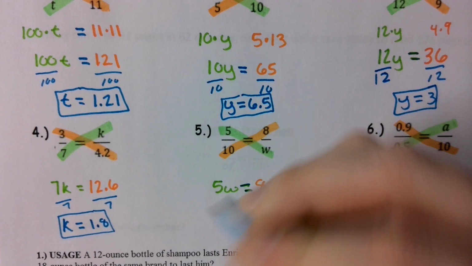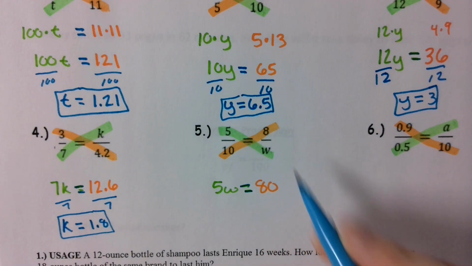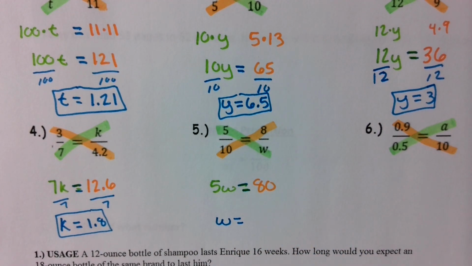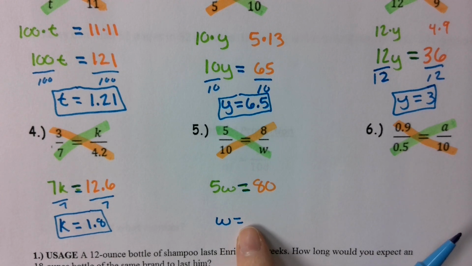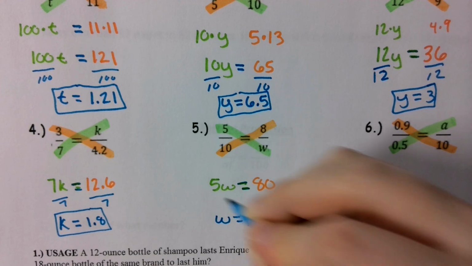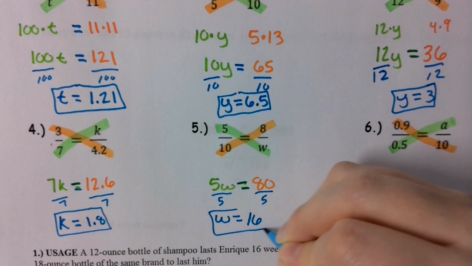Okay, 5w is equal to 80. That's going to be the equation because we did 5 times w and 10 times 8. And then the solution for w is going to be equal to what, Amy? w is going to equal what? 16, right? Because we just divided both sides by 5, and we're going to get 16 for w.